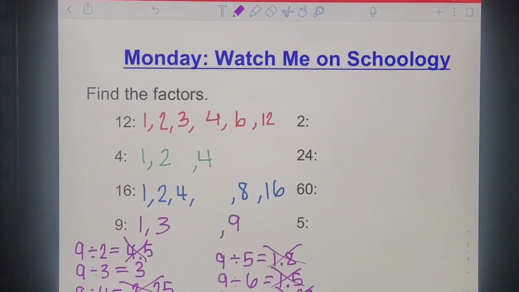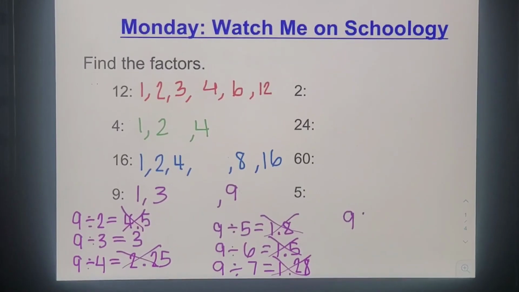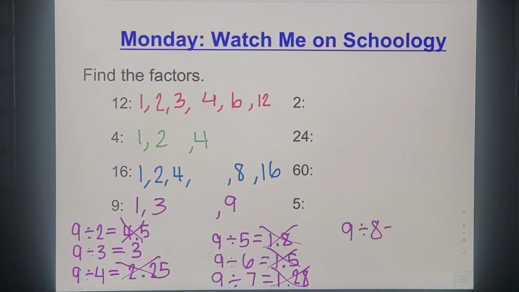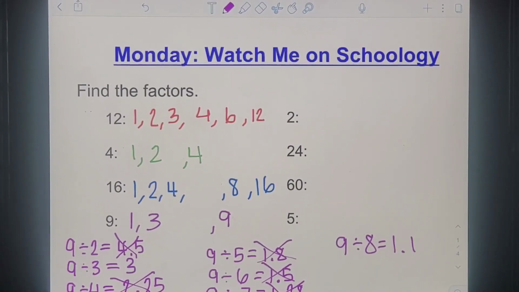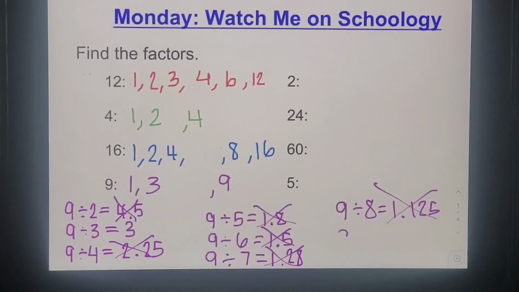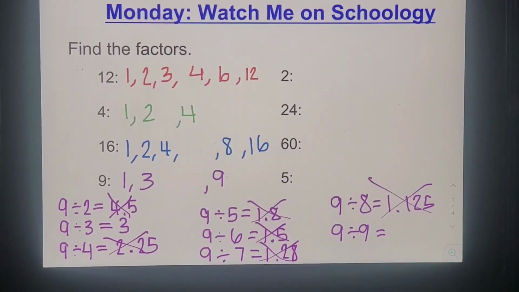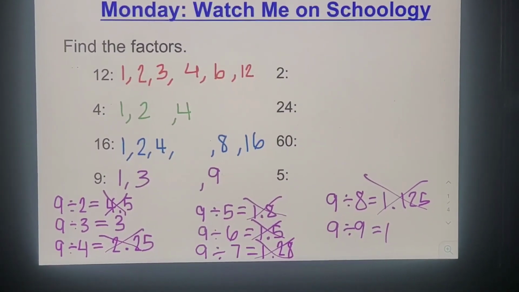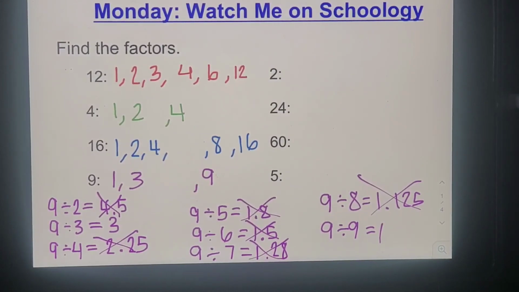Not good. No decimal. Then we can try 9 divided by 8. That equals 1.125. So no good. We don't want the decimal. Then we can try 9 divided by 9, which equals 1. So let's look. We have 1. We have 9. So that means we are finished.